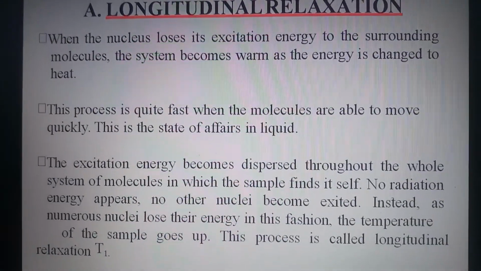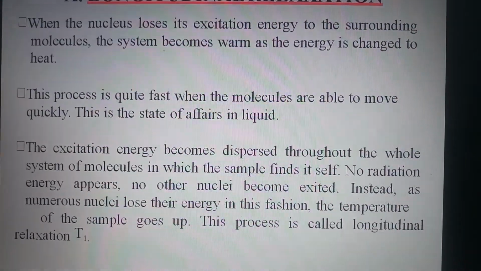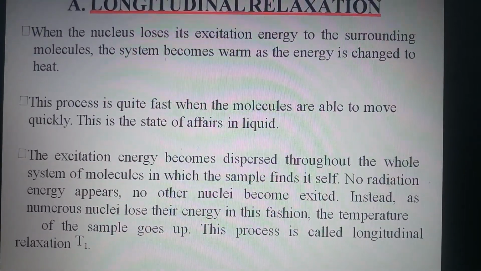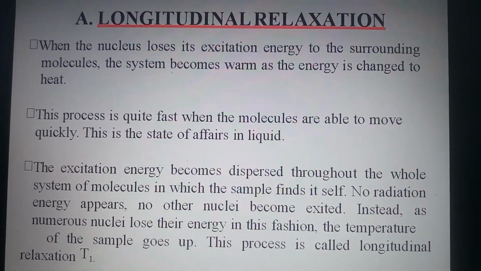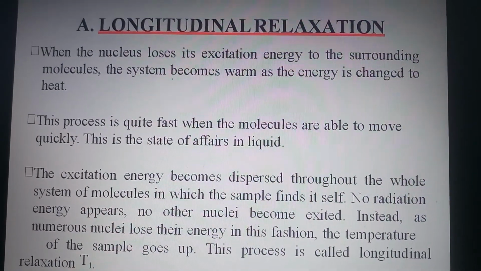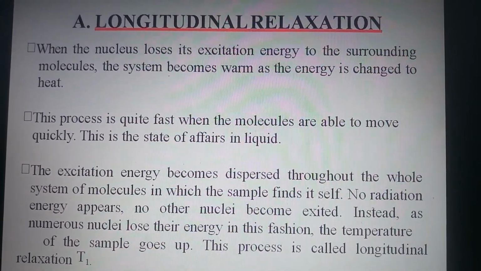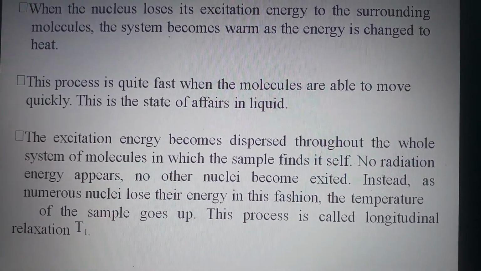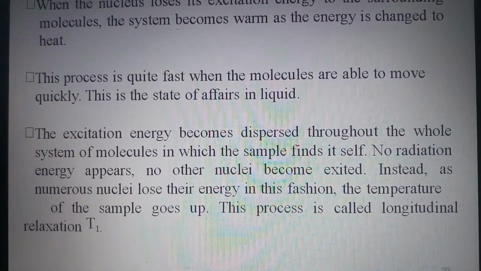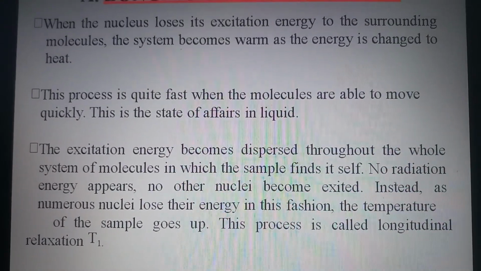The excitation energy becomes dispersed throughout the whole system of molecules in which the sample finds itself. No radiation energy appears, no other nuclei become excited. Instead, as numerous nuclei lose their energy in this fashion, the temperature of the sample goes up. This process is called longitudinal relaxation, T1.